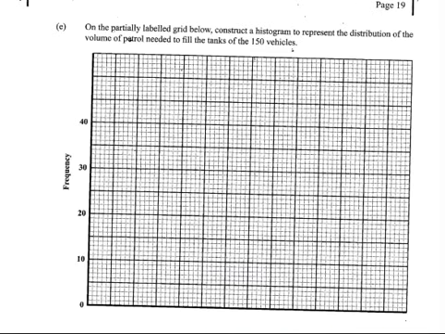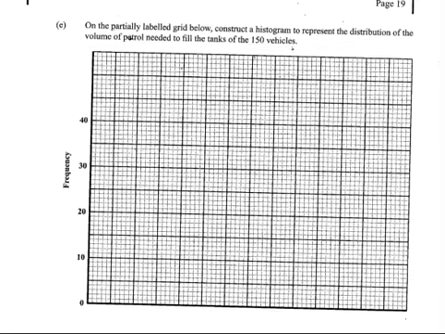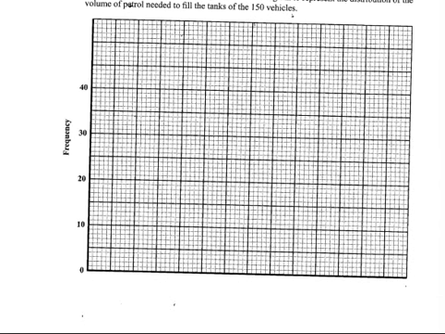Now, this leads us to the last part of the question, and it says, on the partially labeled grid below, construct a histogram to represent the distribution of volumes of petrol needed to fill the tanks of the 150 vehicles. Now, if you have grouped data and you want to draw a histogram, you're going to need frequency on the vertical axis, and on the horizontal axis, you're going to need the upper class boundary.